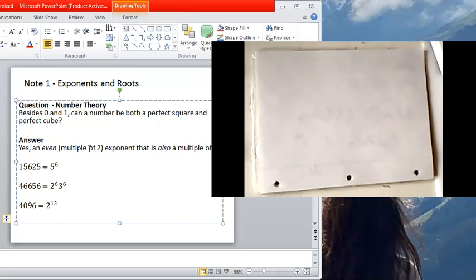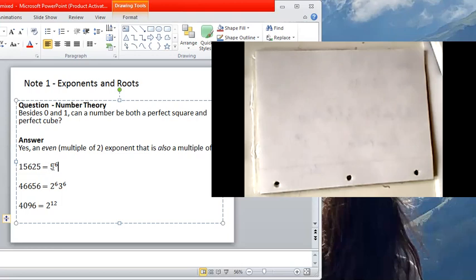Well, what we're looking at are multiples of 6. A multiple of 6 would be even, and so a square, and it would also be a multiple of 3, so also a cube.